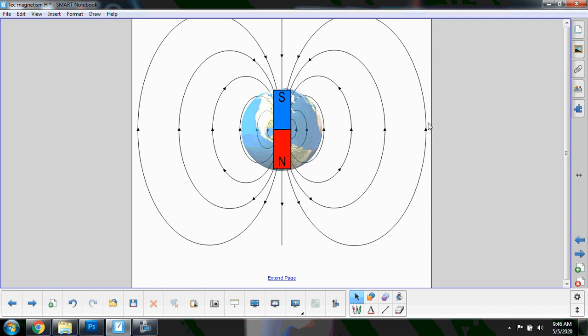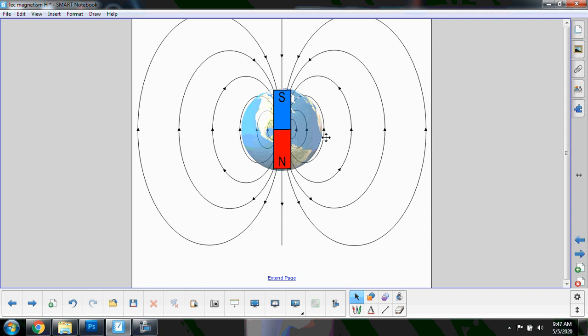So as we come along over here, say along the equator of the planet Earth here, the compass needle would point toward the south end of the magnet. But wait a minute, compasses point north, right? Well, that's the thing, the north geographic pole of the planet is a south magnetic pole. The only reason for the definitions is compasses point north.